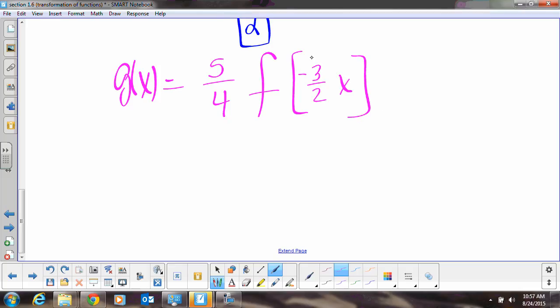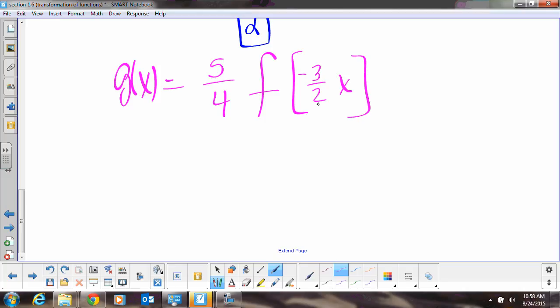All right, tell me one thing happening here, Bo. Tell me one thing that's going on here. Okay, so what does that mean? Right. And when b is less than 0, what happens? Yes, this graph has been reflected over the y-axis. Okay, so what does the 3/2 tell us?